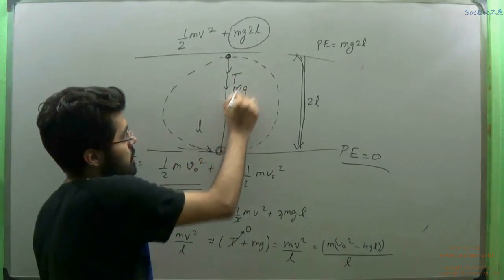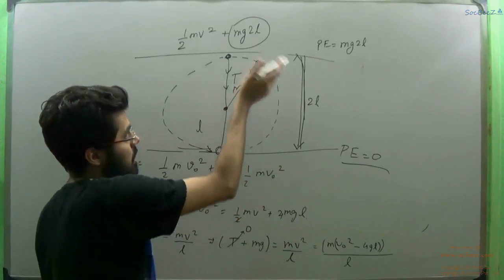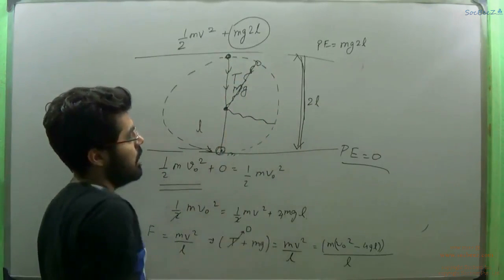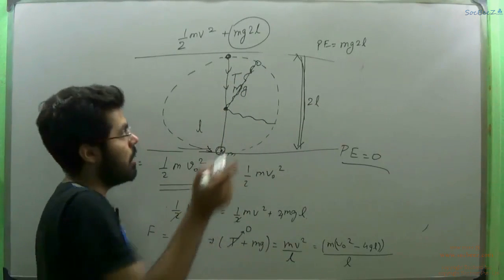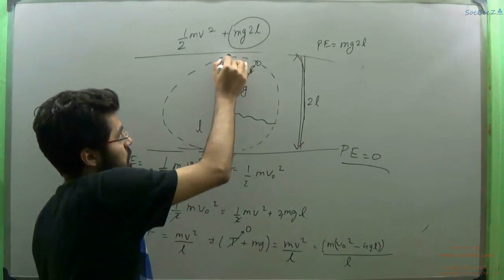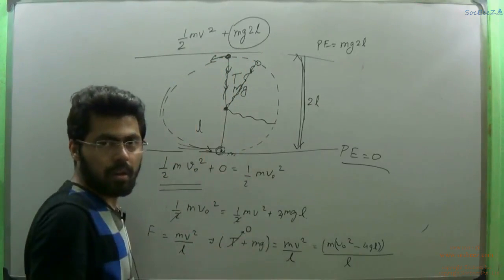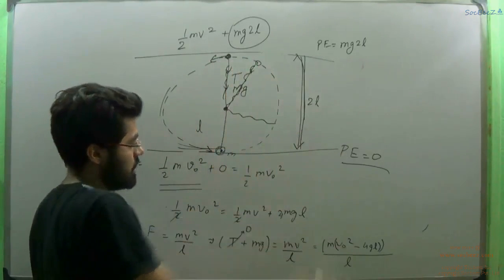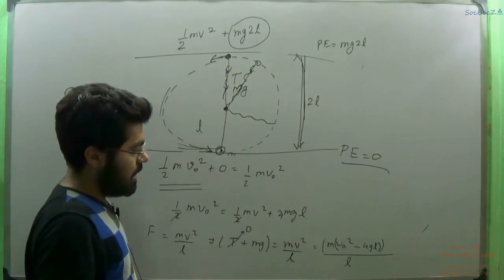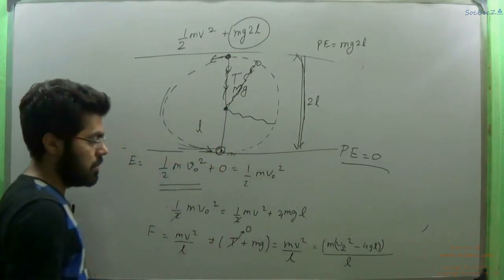Before reaching this point, if the tension goes to 0, then the object will slack and it won't complete the circular track. It should not slack before coming to the topmost point. Even if it slacks at the topmost point, because of the velocity, this object will continue its motion and again complete the circular track. But before this point, it should not slack. So at the topmost point, T can go to 0. Then we will get this v0 value to be the minimum possible.